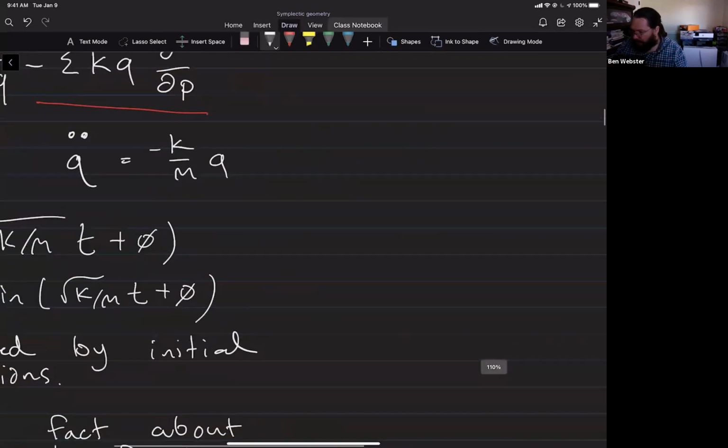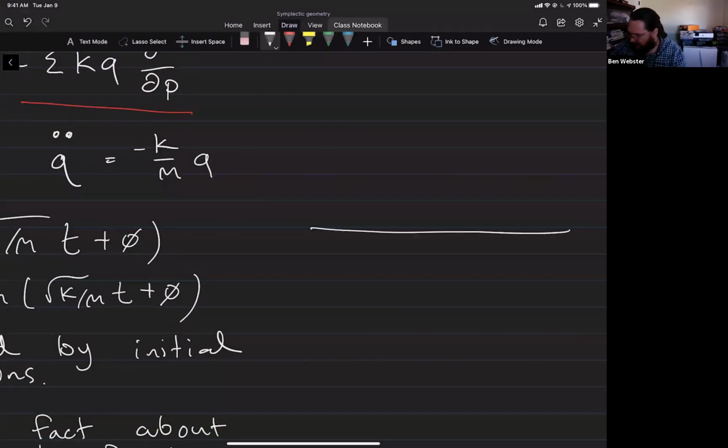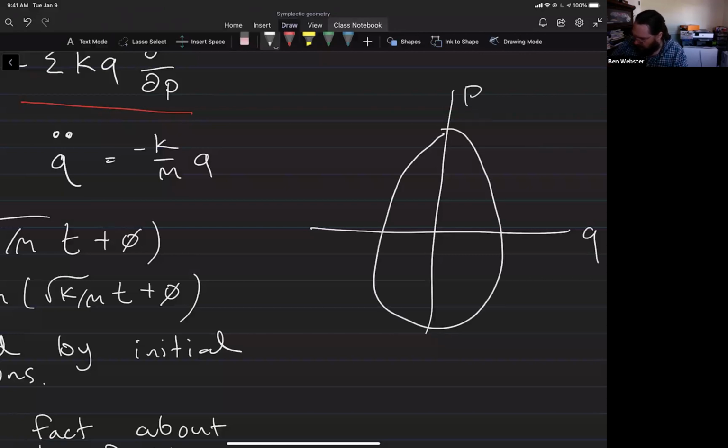The picture here in phase space is that here's your q direction, here's your p direction, and you're going to make an ellipse in this space. The product of k and m determines how fat or thin this ellipse is. The ratio between k and m tells you how fast you go around the ellipse, and in particular which way you go around it.